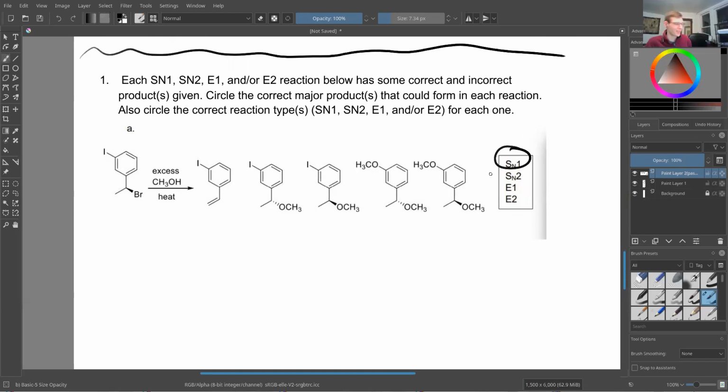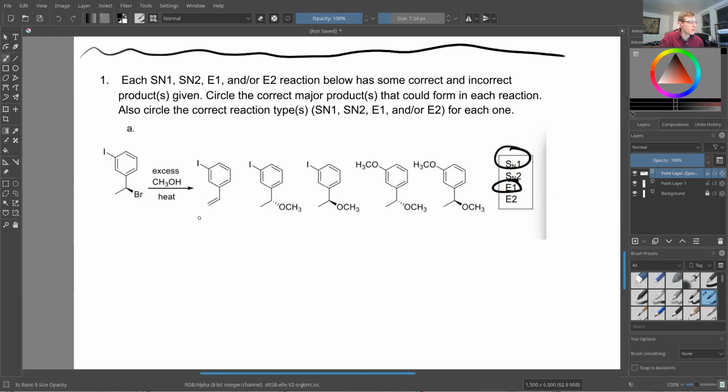And more than just based on the previous example, the reason you won't get very much E2 is because this is just methanol. This is not a particularly good base. And when we're doing E2, we usually want really good bases. So that's not going to work in this case, but instead we will get some E1, again, because we're just putting it in a lot of heat with not a lot else to react with.